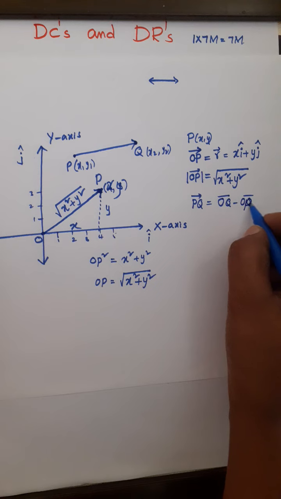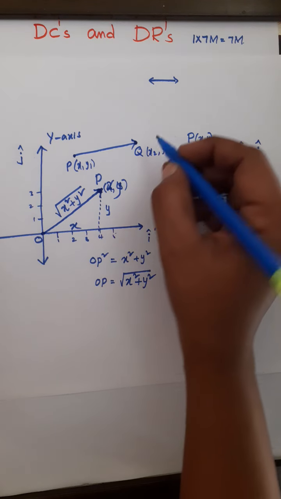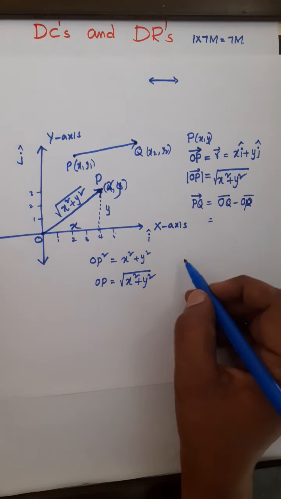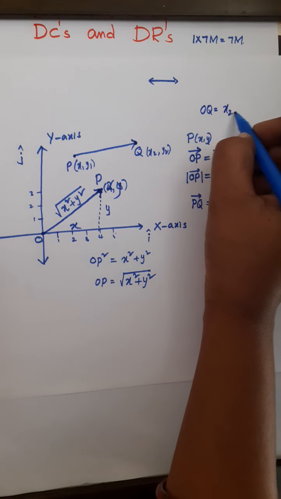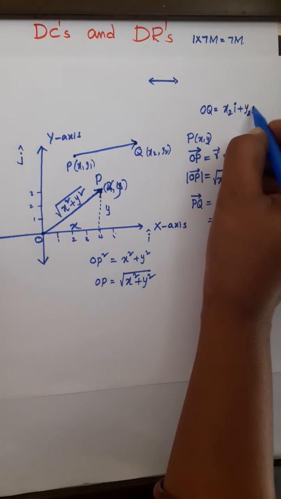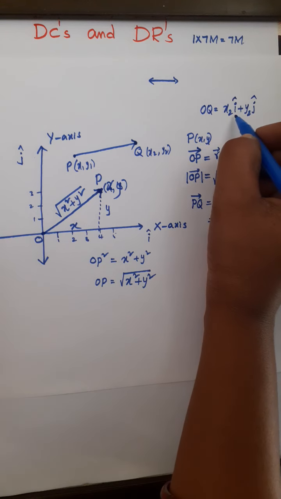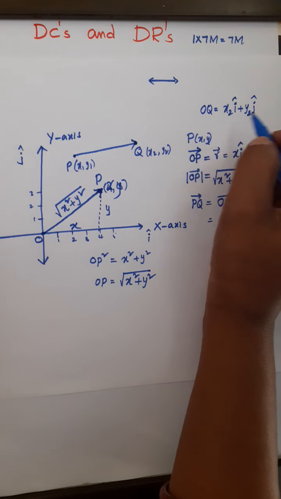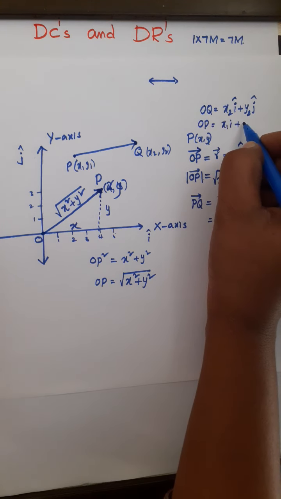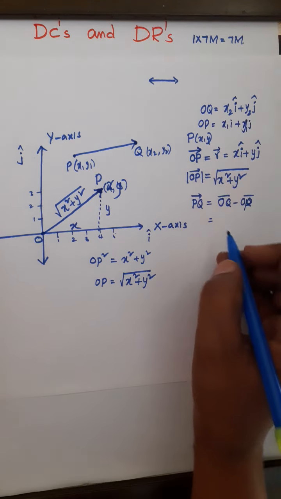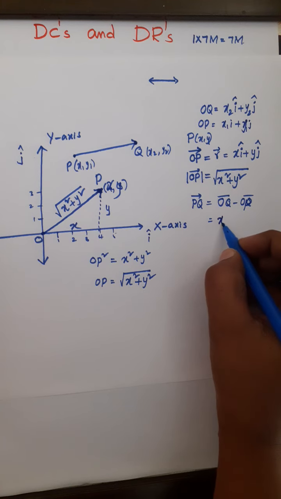What is our OQ? See, whenever Q is (x2, y2), OQ is equal to x2 i plus y2 j, because i is representing x coordinate and j is representing y coordinate, and OP is x1 i plus y1 j.